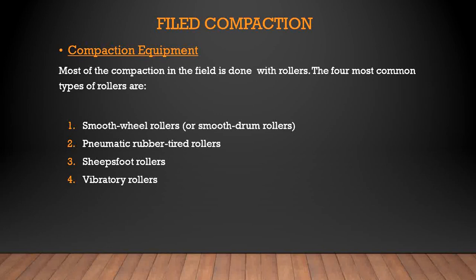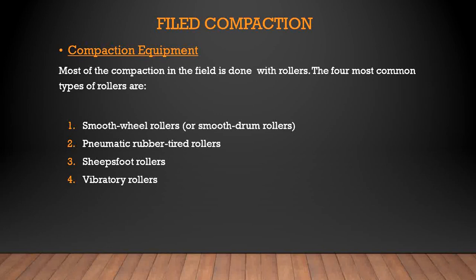The thickness of layers that can be properly compacted is known to be related to the type of soil and method or equipment of compaction. Generally speaking, granular soils can be adequately compacted in thicker layers than fine-grained soils and clays. Also, for a given soil type, heavy compaction equipment is capable of compacting thicker layers than light equipment.